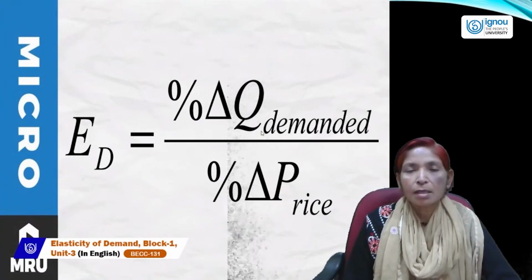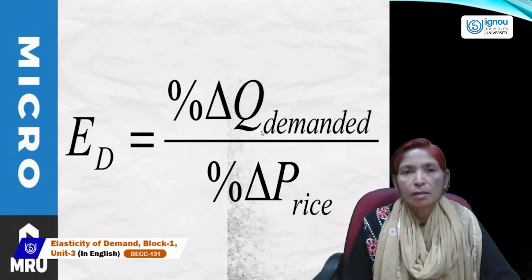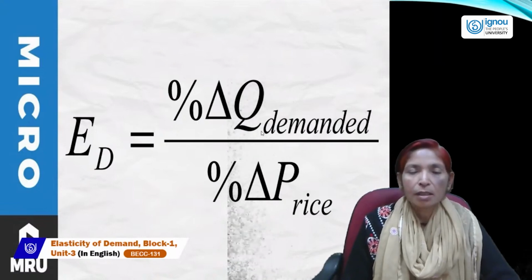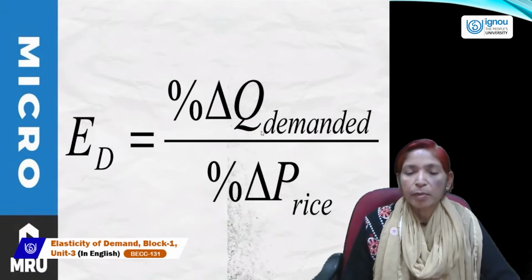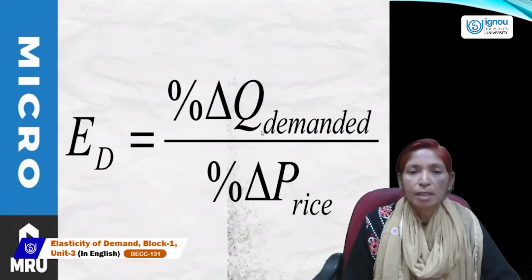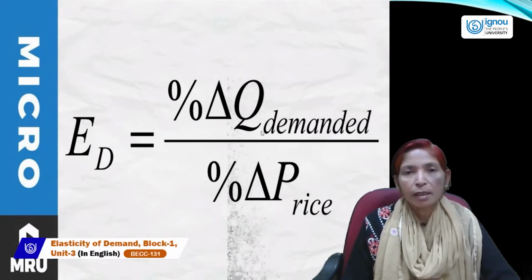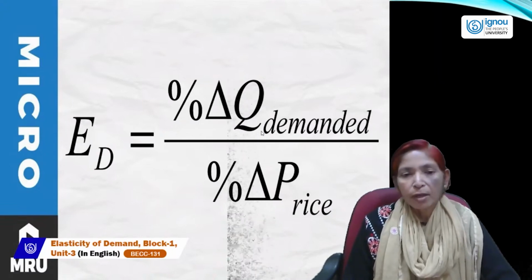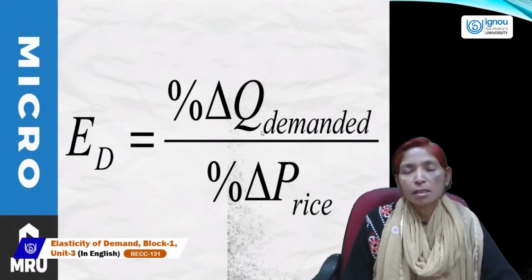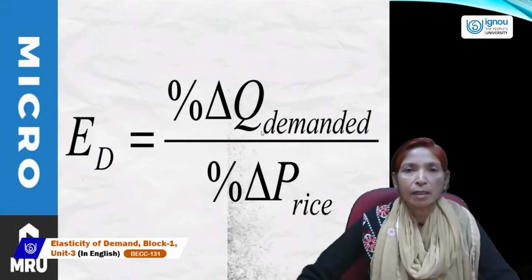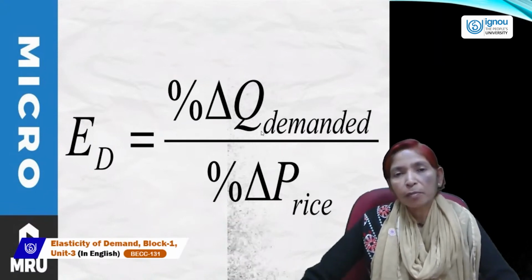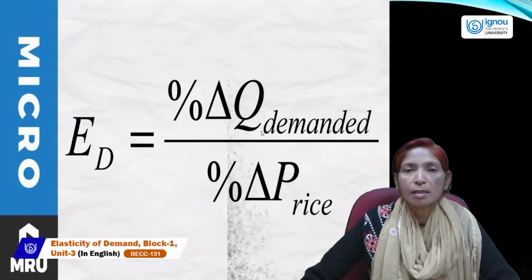Elasticity of demand is equal to percentage change in delta Q, meaning quantity demanded, and percentage change, here change is shown by delta, and quantity demanded is Q, and price is denoted by P. So percentage change in quantity demanded divided by percentage change in price.